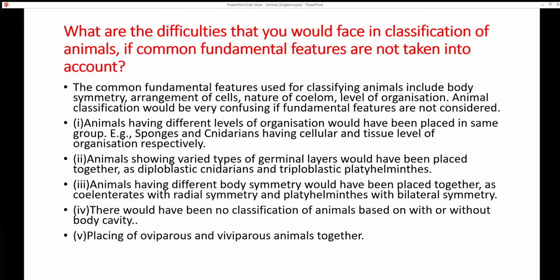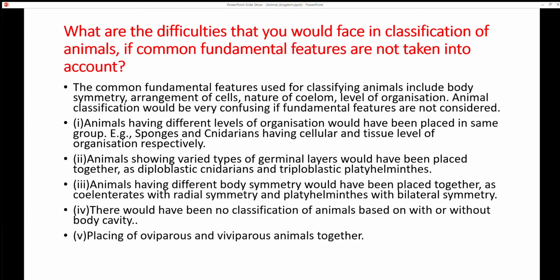But platyhelminthes are always bilateral symmetry, like human beings. Those are ribbon structures. If they are cut, the straight long ones will always show bilateral symmetry. The round ones will always show radial symmetry. Diagrams were clearly shown in your NCERT textbook. Observe carefully. I am telling multiple times, repeating the same thing because this is important.